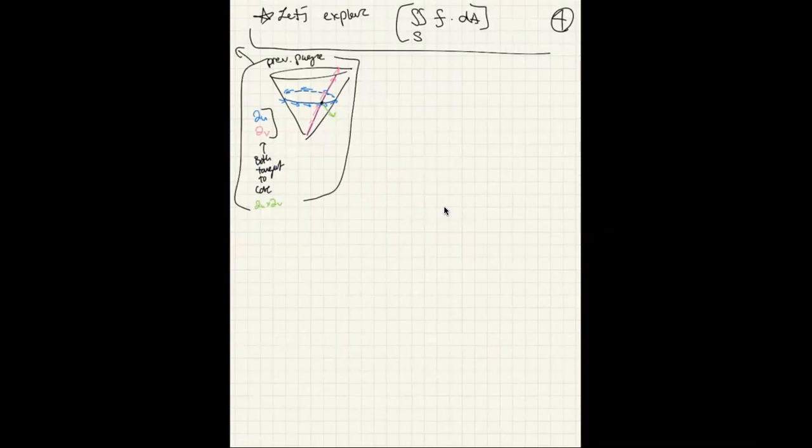Okay, so when we set up an integral, it's going to feel just like when we did scalar line integrals, where we had a function.